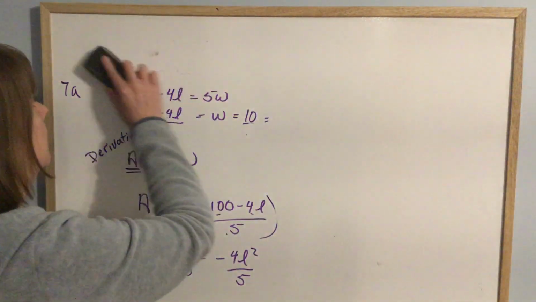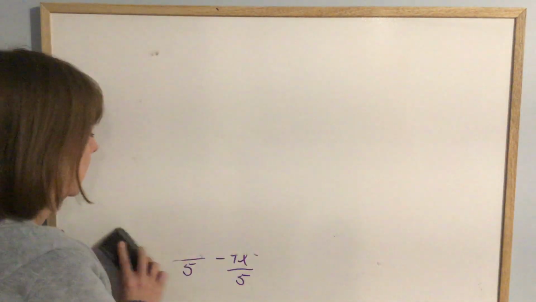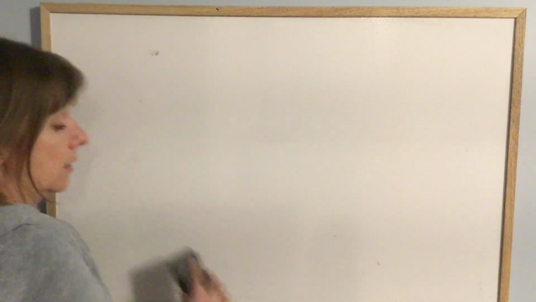Business. Section 6.8. Last section. We're going to do 2 examples, I think. So again, we're optimizing, but this time we're talking business.